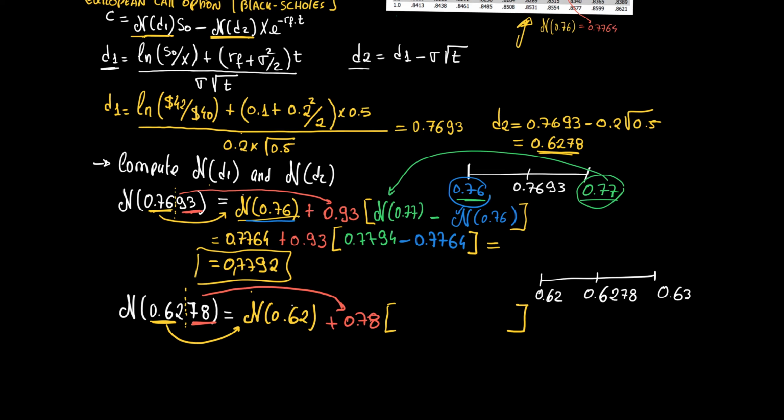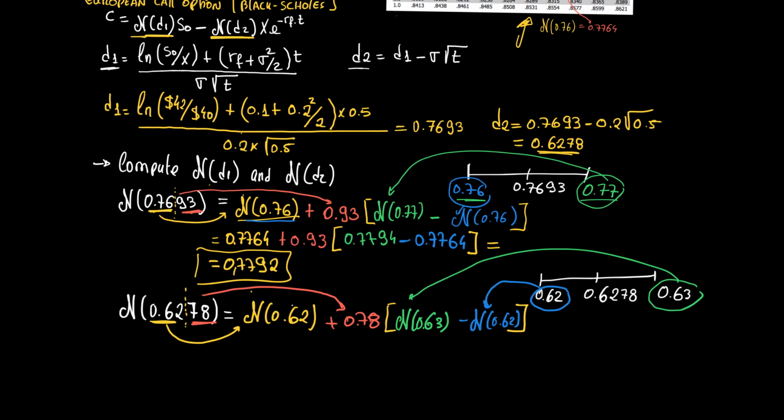So in other words, this is going to be the normal distribution of 0.63 minus the normal distribution of 0.62.